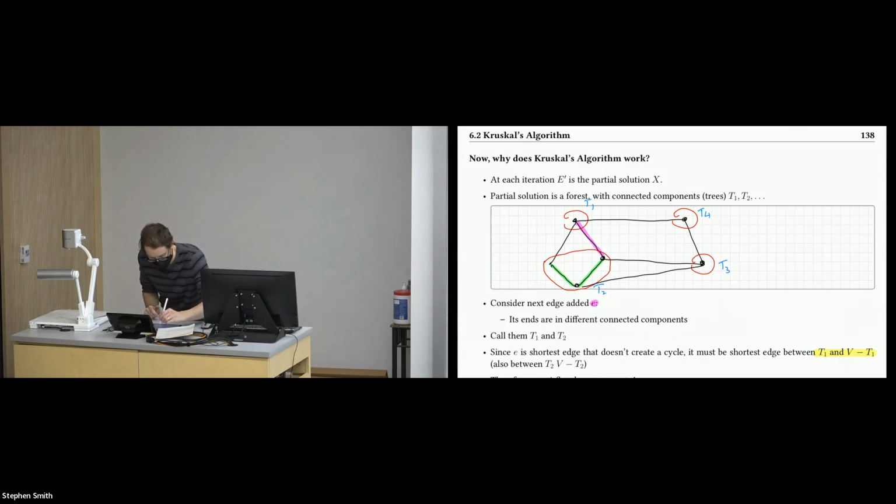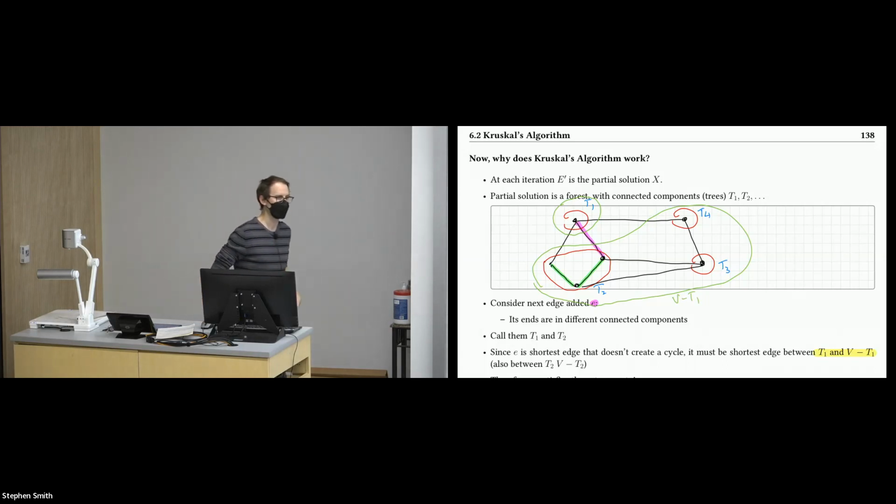So it's like I created, my picture's getting too complicated, but let's say we take T1, then this is T1 here, and V minus T1 is all the other vertices, right? It's all of this. And the pink edge is the shortest edge crossing between that cut.